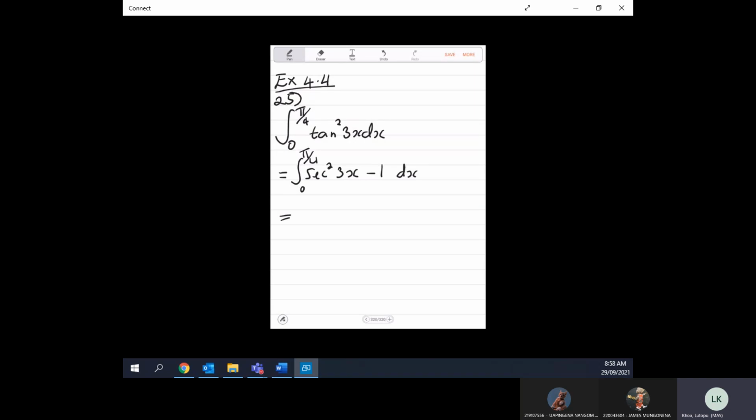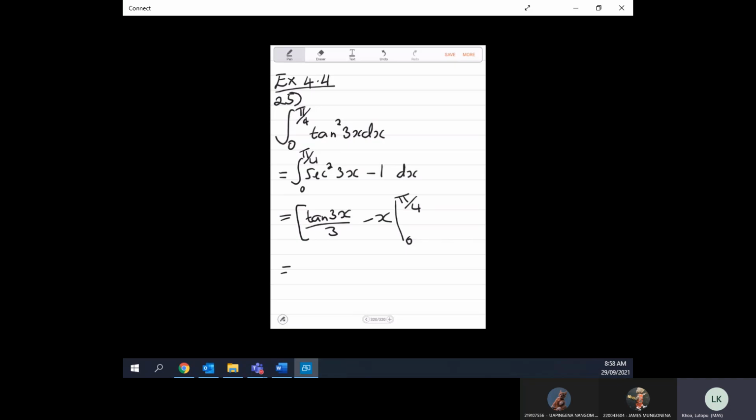The integral of sec squared 3x is tan 3x divided by 3. And then the integral of minus 1 is minus x. And we evaluate this from 0 to pi over 4.